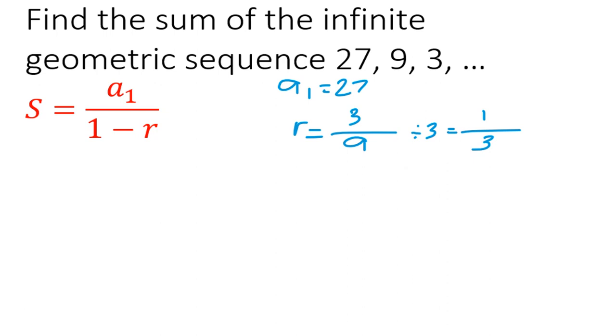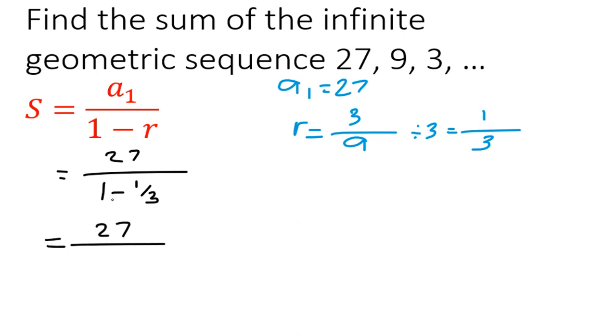So, pwede ba siyang isolve? Yes. Kasi mas mababa siya sa 1. Okay, ano yung first term? 27. Then 1 minus common ratio 1/3. So, parang magiging 3/3 minus 1/3. Tapos, 3 minus 1 is 2. Then, copy the denominator, 2/3. So, 27 divided by 2/3.